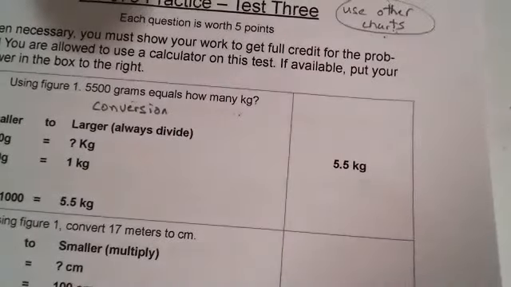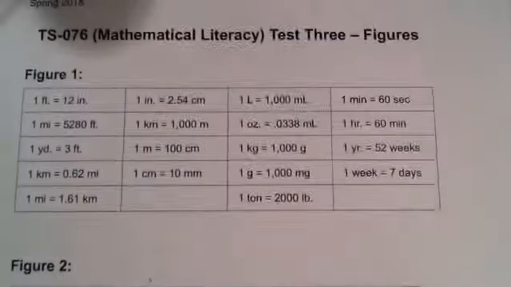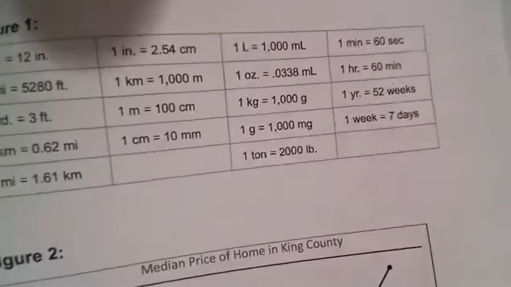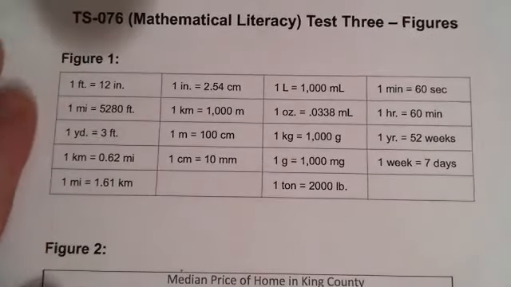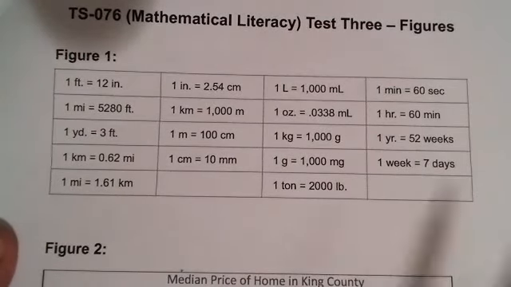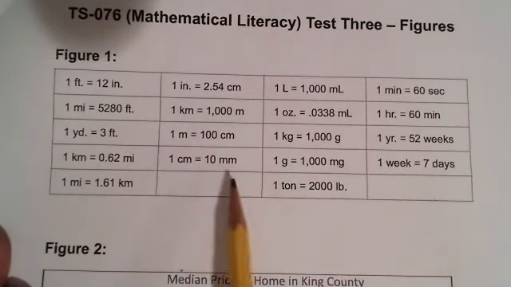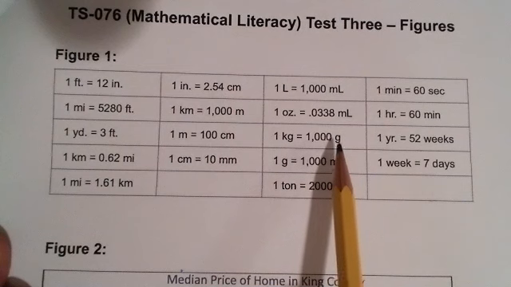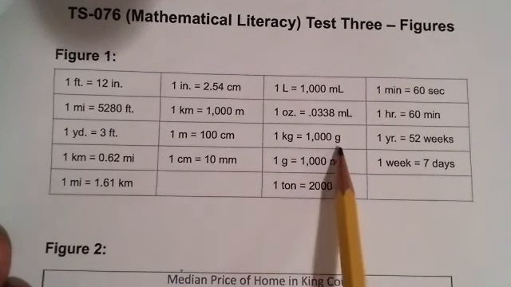So I'm going to turn to the chart and show you where I got this. I'm going to look at grams and kilograms. Here's the chart that you'll have on your exam for exam number 3. Okay, this one's feet and inches. This one's centimeters. This one here, millimeters. Oh, grams, and here's kilograms and grams.